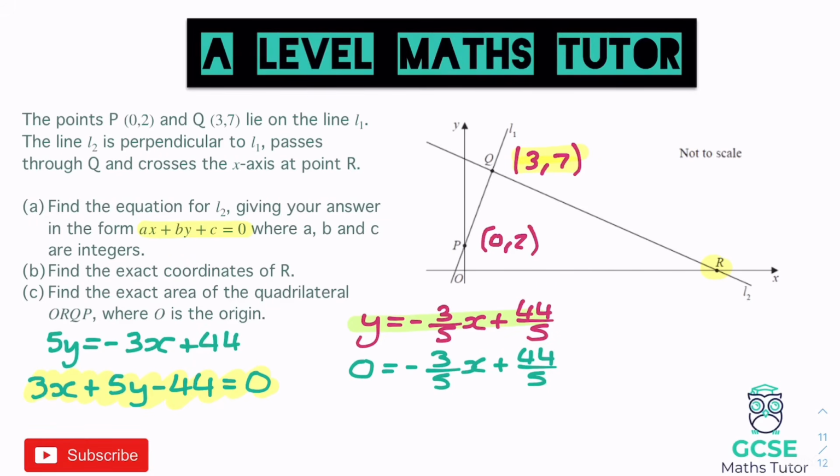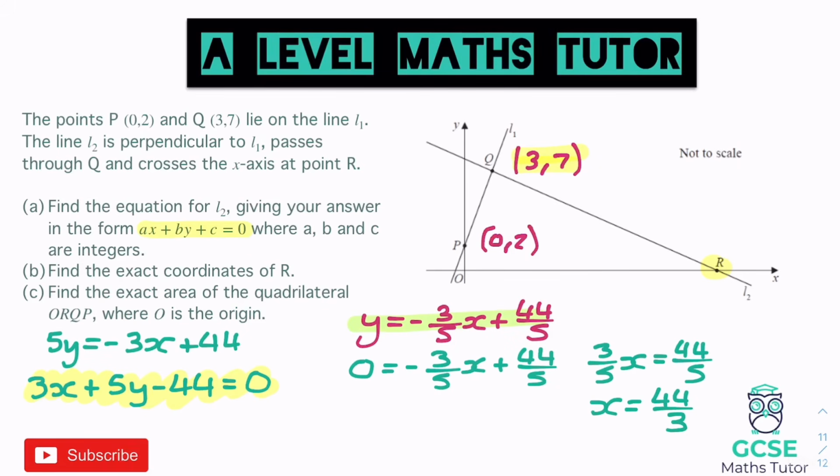If we add the 3/5 x to the other side, we get 3/5 x equals 44 over 5, and then we can just divide by 3/5 there to get our value. So if we divide by 3/5, we get x is equal to, and again just doing this on the calculator, we get 44 over 3.